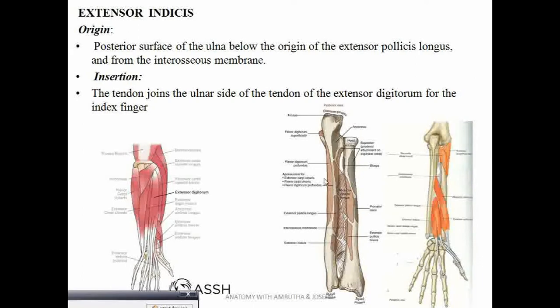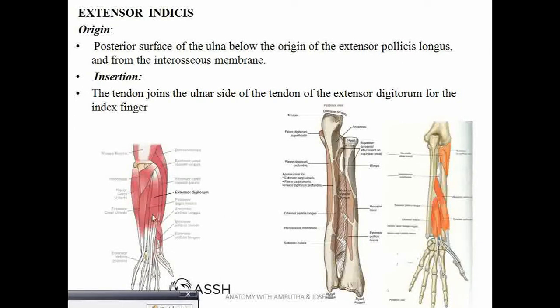Extensor indicis. So it means it goes to the index finger, originating from the posterior surface of the ulna, below the origin of extensor pollicis longus and interosseous membrane. Insertion, the tendon joins with the ulnar side of the tendon of extensor digitorum for the index finger.